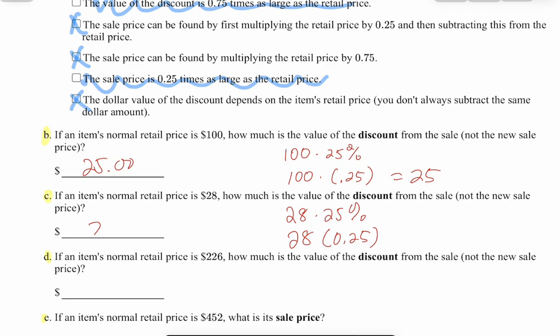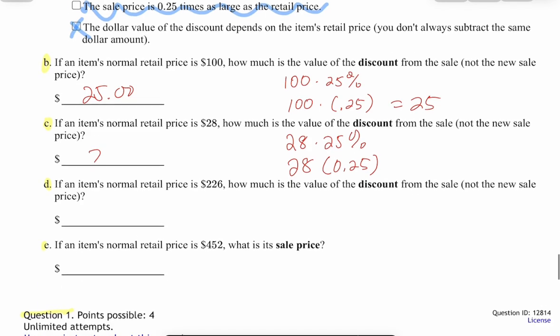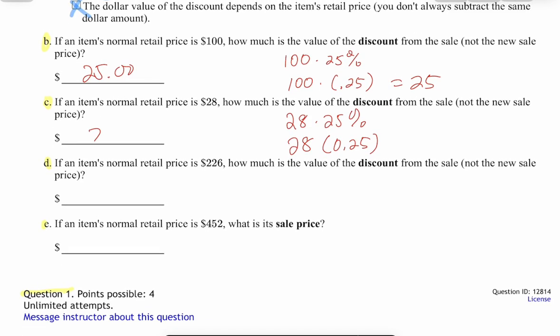And then I'm going to keep going with my D. Yours is different than mine. And then don't forget in E, to find the sales price, you either have to take off the value you get at 25% or use 75%. So you guys take a minute and try yours, because yours and mine might have different numbers.